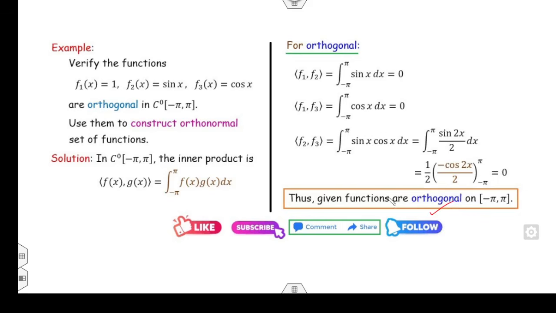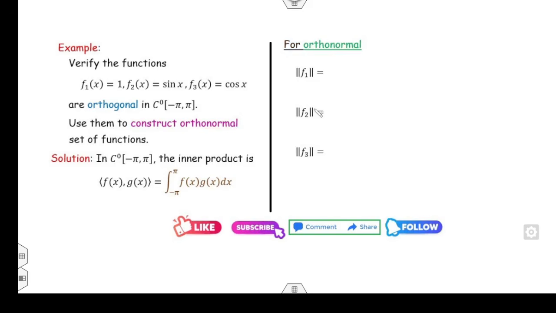Now, once they are orthogonal, yes, you can construct the orthonormals. But before that, you need to compute the norm of f1, f2, and f3. So the norm of f1 will be the root of the integral from minus pi to plus pi of f squared, that is 1 squared.